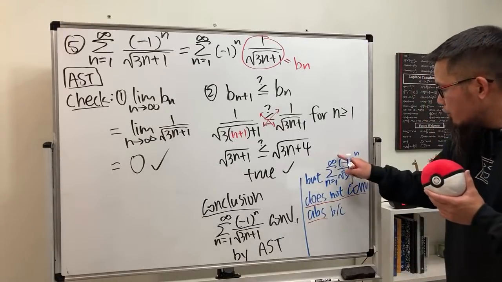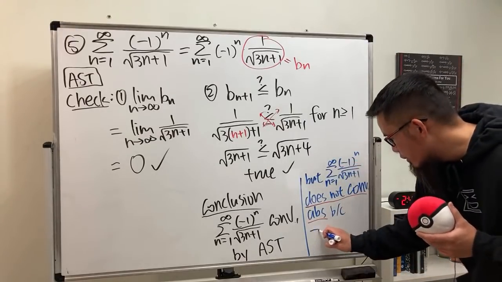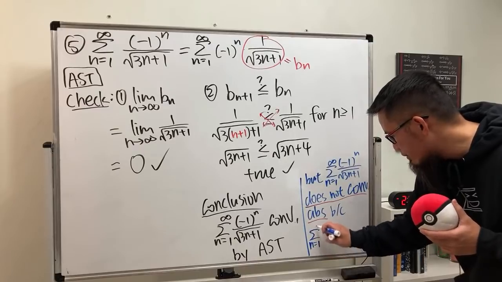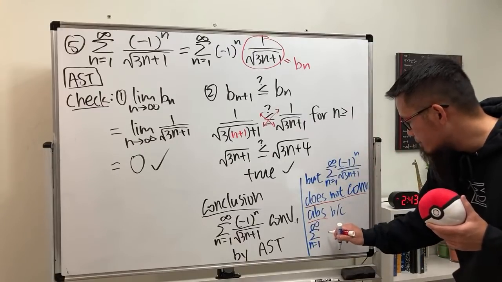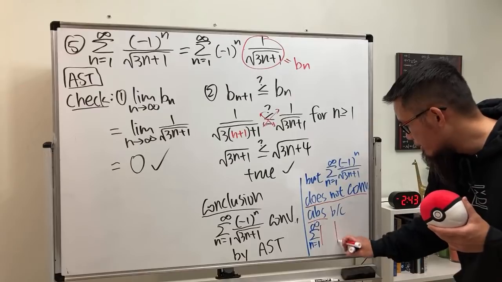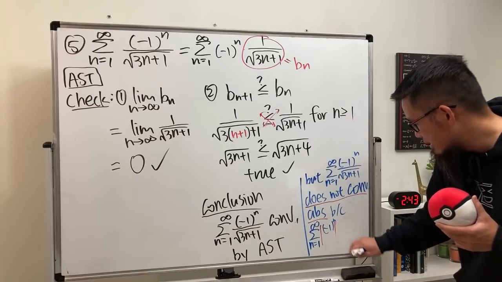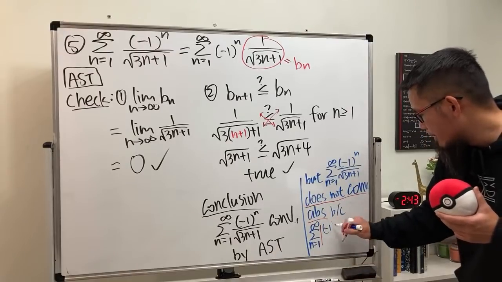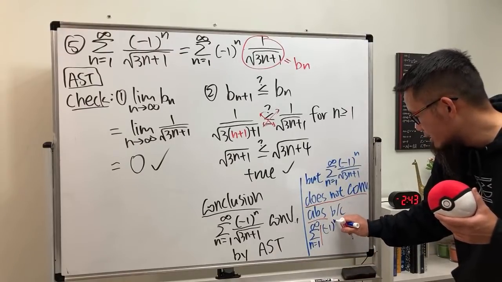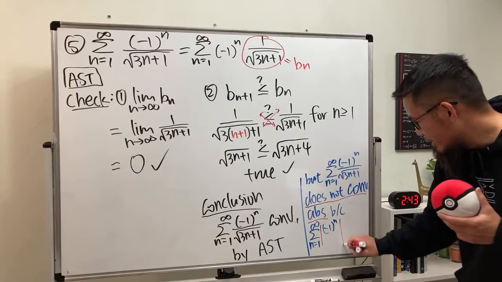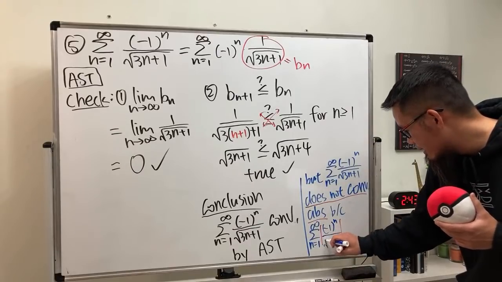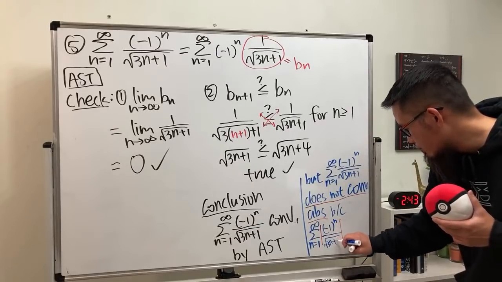Because if you apply the absolute value here, you get the series as n goes from 1 to infinity of the absolute value of negative 1 to the n over the square root of 3n plus 1.